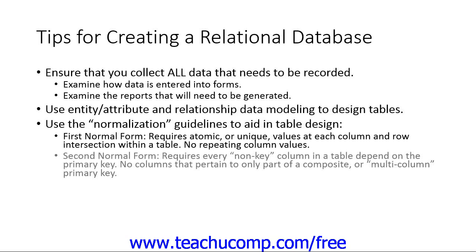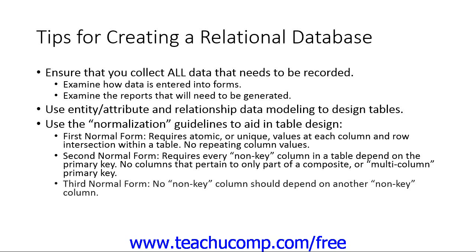The second normal form requires that every non-key column in a table must depend on the primary key. A table must also not contain a non-key column that pertains to only part of a composite or multi-column primary key. The third normal form requires that no non-key column should depend on another non-key column.